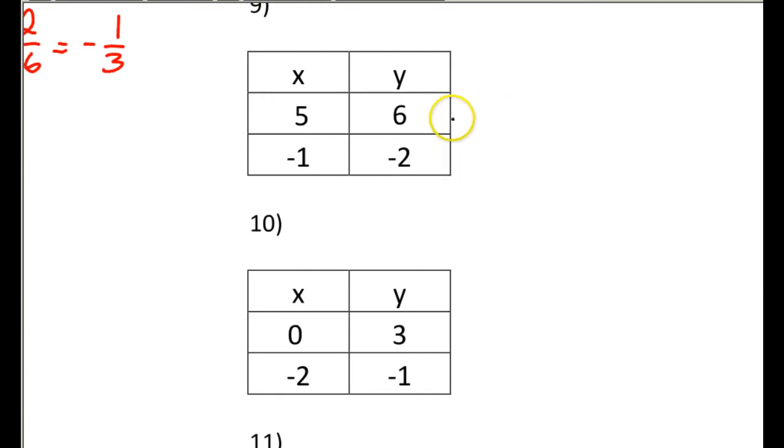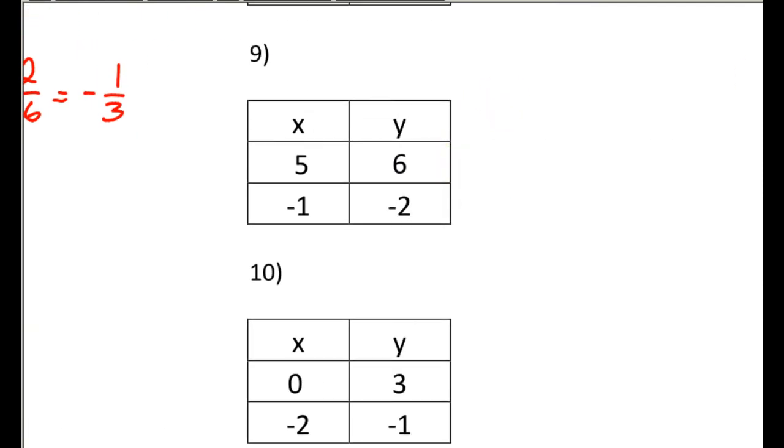So number 9, how far is it from 6 to negative 2? So how far is it from 6 to 0? 6. How far is it from 0 to negative 2? 2. So from 6 to negative 2, it's negative 8. Oh, no, it's negative 8, not negative 2. 6 to positive 2 would be 4. 6 to negative 2 is 8.